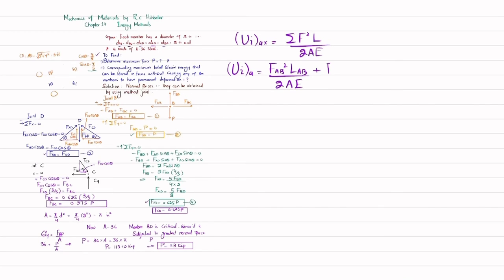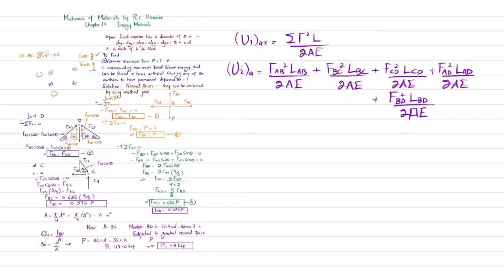Plus for member BC, it will be FBC square LBC divided by 2AE, plus for CD, it is FCD square LCD divided by 2AE, plus for member AD, it will be FAD square LAD divided by 2AE, plus for member BD, it will be FBD square LBD divided by 2AE.